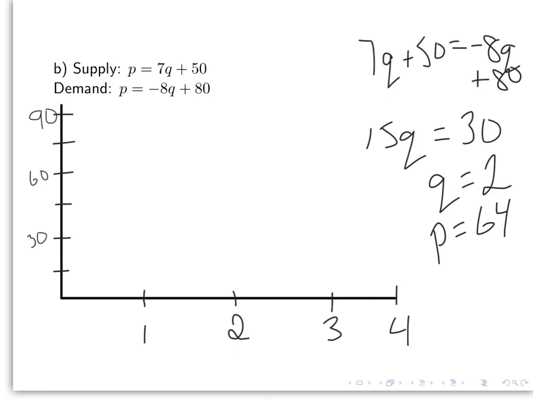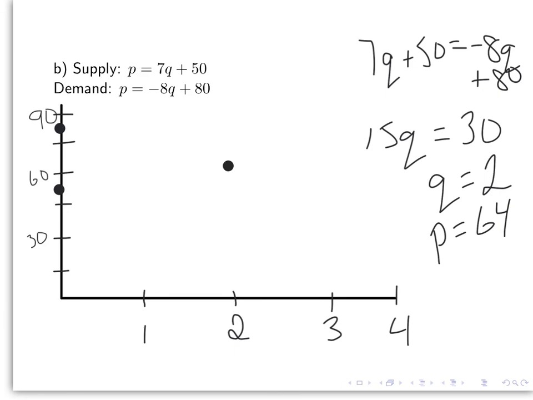I'm just labeling them. Every other one I'm going to label 30, so they're going by 15s. And then to do my points, the supply y-intercept is 50, so that's right around there. The demand intercept is 80. It's right around there. And then the equilibrium point, (2, 64), is again right around there. So just make it as close as you can.